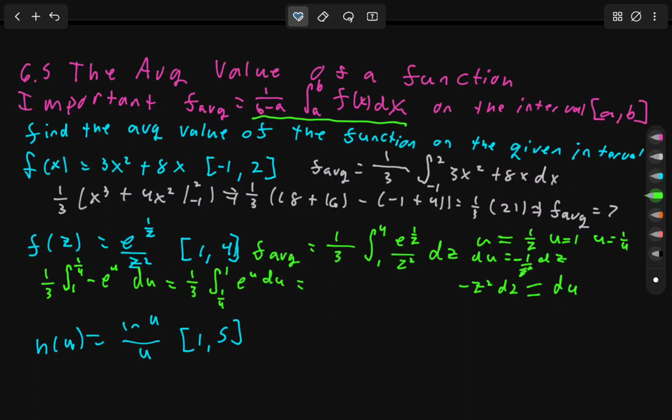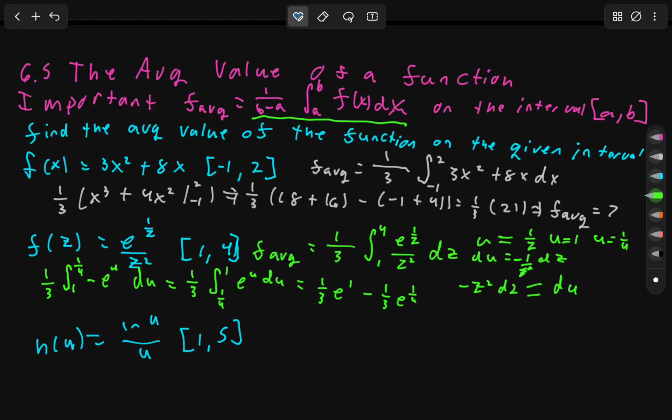Evaluating this is going to give us 1/3, and the integral of e to the u is just e to the u, so I'm skipping a step here. e to the first minus 1/3 e to the 1/4.